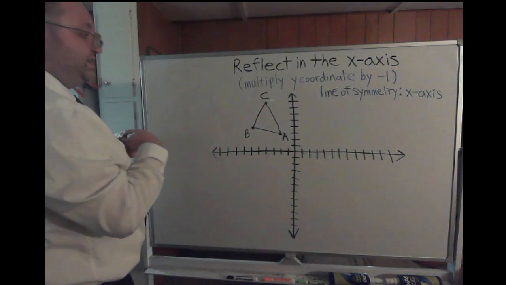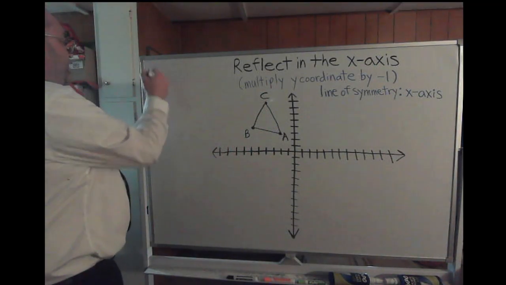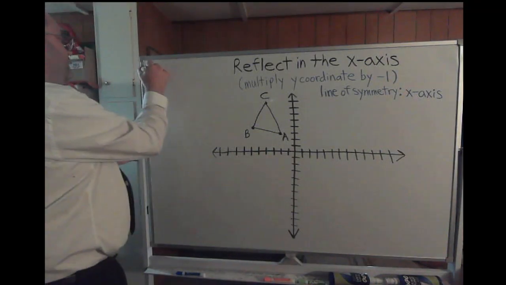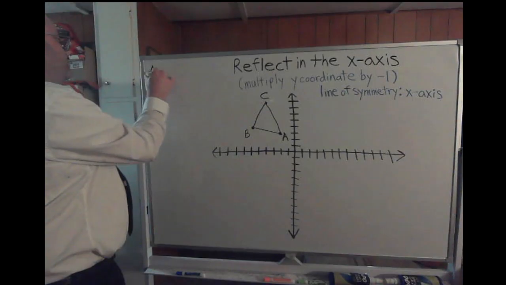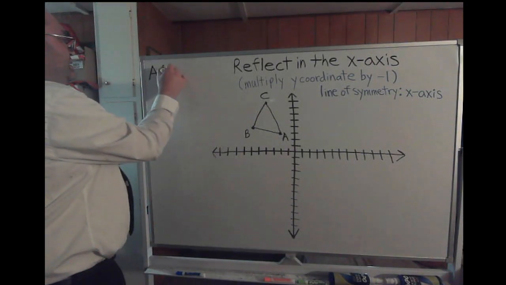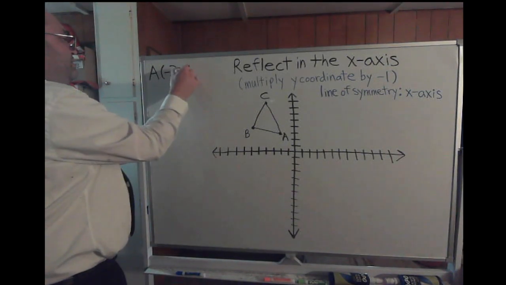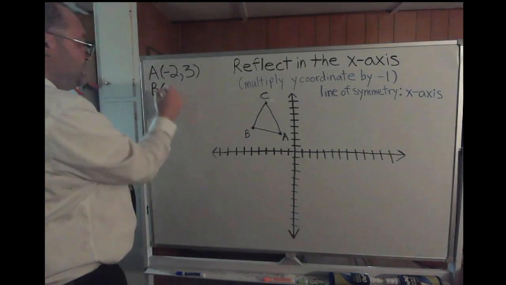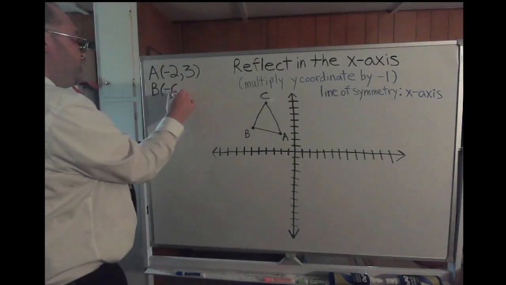But first, let's list our actual coordinates of the actual triangle. A has the coordinate -2, 3. B has the coordinate -6, 4.